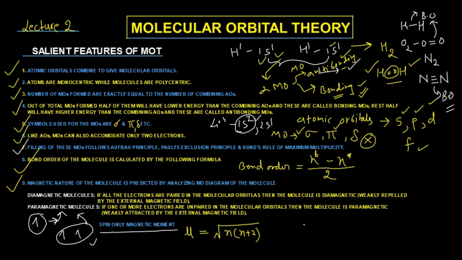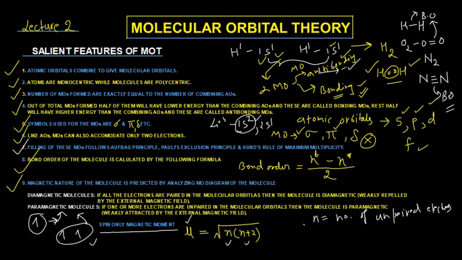If you want to calculate the magnetic moment of the molecule, you will use this formula: magnetic moment mu equals the square root of n times n plus 2, where n is the number of unpaired electrons.